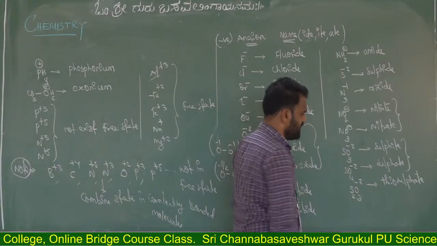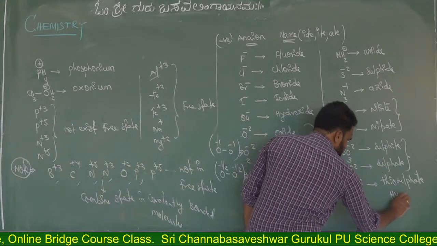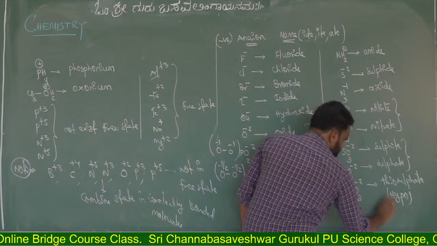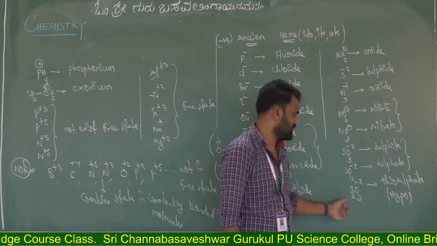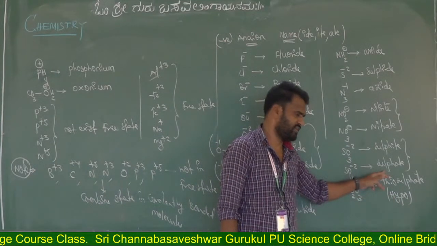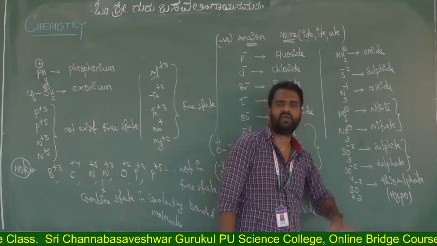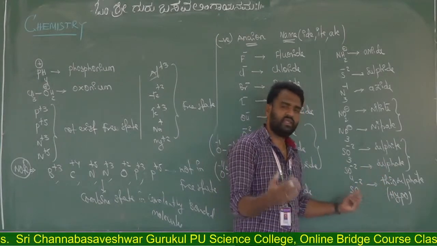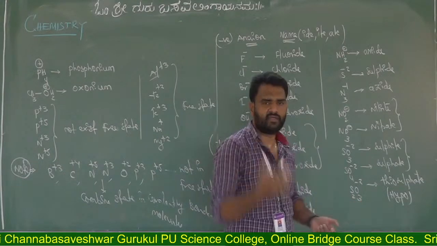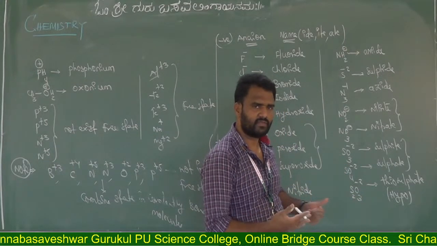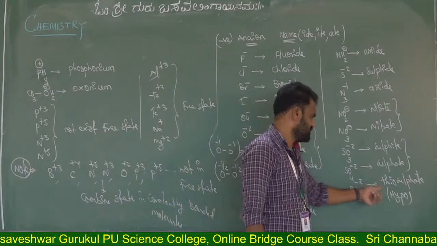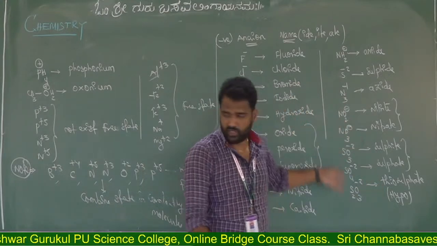Thiosulfate is said to be hypo. To neutralize the -2 you can take sodium. Sodium thiosulfate is nothing but hypo. Hypo is a very important compound in many applications like photographic film developing. These are negative ions.